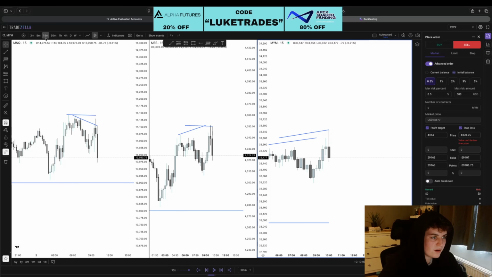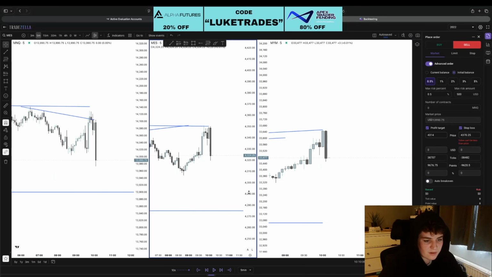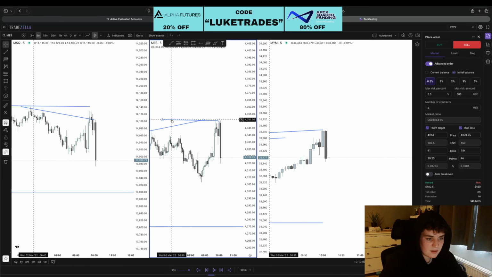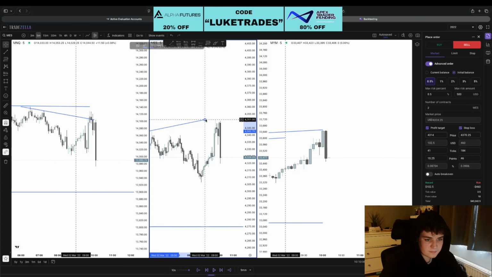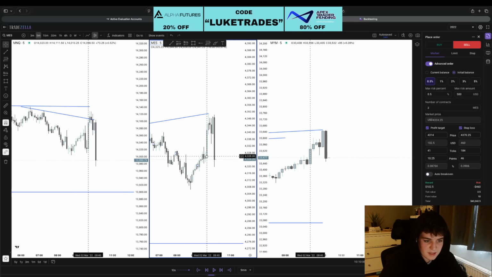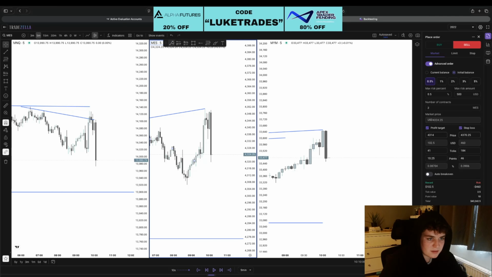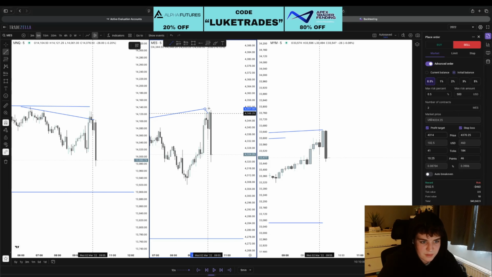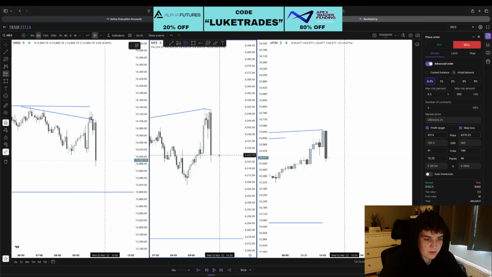So you could take a 4 hour. I still want to keep it a 5 minute. I like this. Let me get rid of that. The only thing I don't like is this. These look like relative equal highs. But there is SMT there, I think. Yeah, with the Dow. So I'm a bit more confident in this.